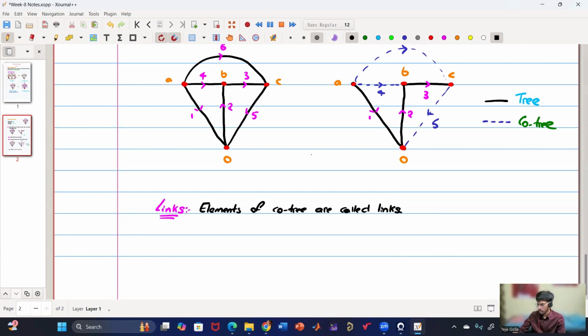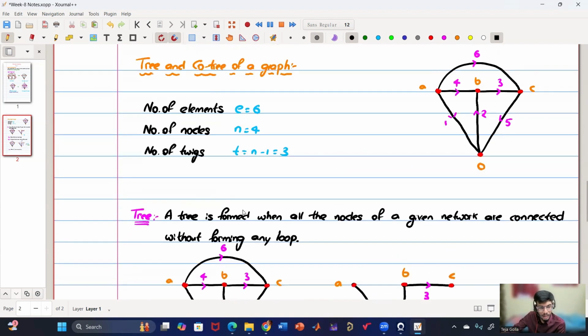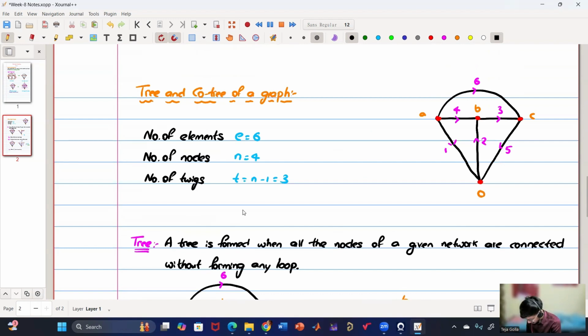So how many links will we get? The number of links, represented by small l, is the number of elements E minus twigs, because tree plus cotree forms the given circuit.